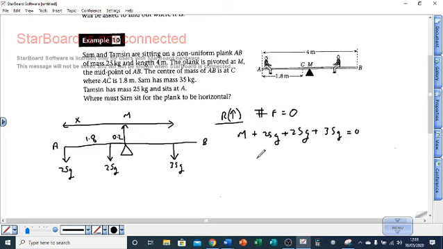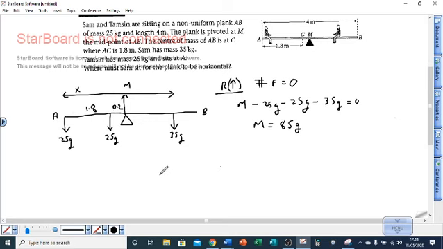So I've got, minus, they're going in opposite directions, M is equal to, that's 50, that's 85G. Okay, and then at this stage we can take moments.